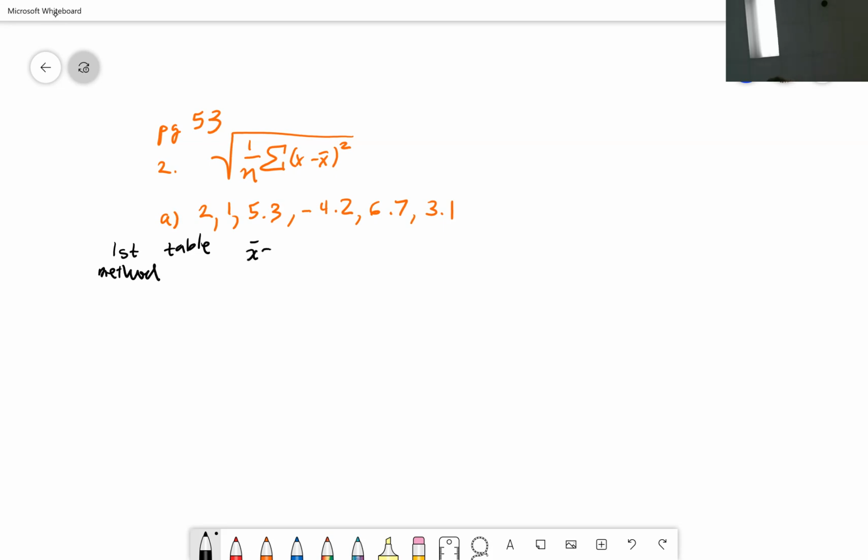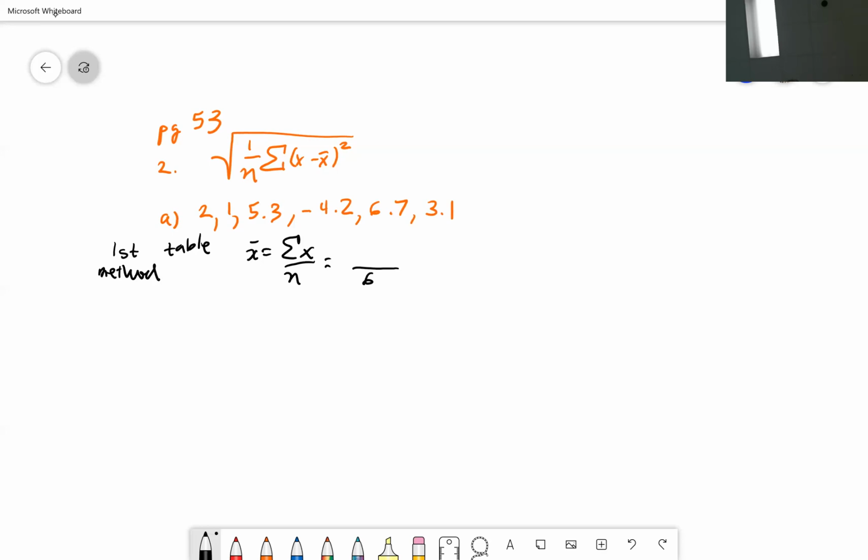So the mean is going to equal the sum of x divided by n. So we have 1, 2, 3, 4, 5, 6 numbers here. And then you're just going to add 2 plus 1 plus 5.3 minus 4.2 plus 6.7 plus 3.1.